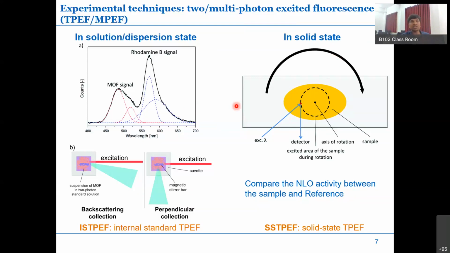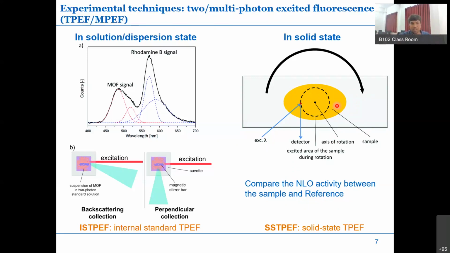Since it affects the optical activity, you may not be able to get the nonlinear absorption cross sections of the naked framework; rather, you get the solvent-influenced framework, which we don't want. In such cases, we pack the compound between slides under vacuum or under argon conditions, based on the requirements. Then you compare the fluorescence intensity of the solid along with the reference.